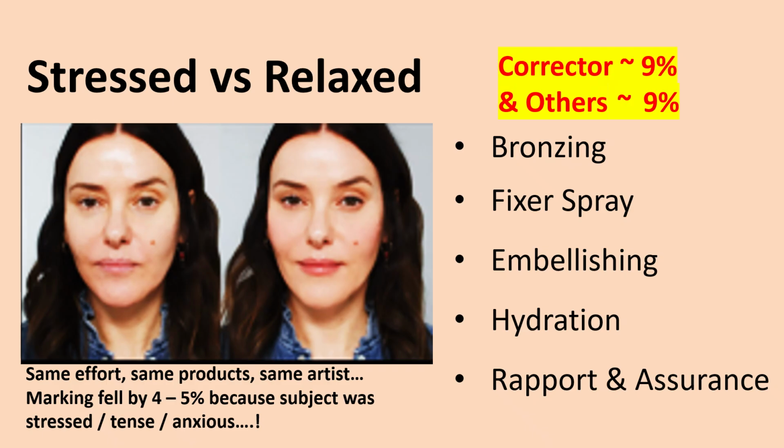A vast difference. As you can see in the picture, minimum 4 to 5%. The value could fall if the subject is tensed or stressed. So rapport and assurance, so you can make the subject feel relaxed. That's vital. Otherwise, you could lose 4 to 5% in the final outcome.